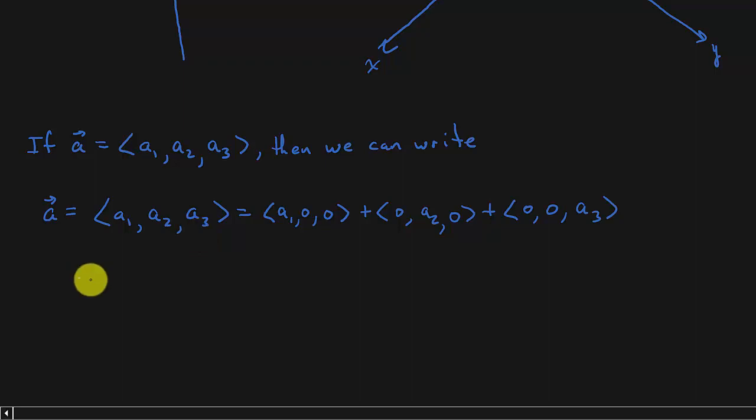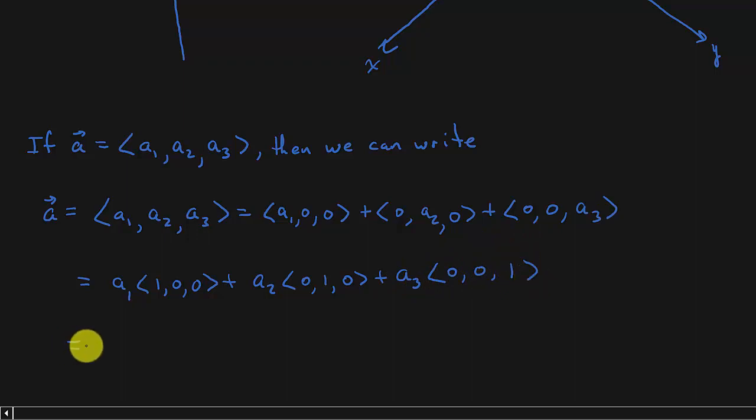So what I'm going to do now is pull out an A1 out of this first one. So that's going to be A1 times 1, 0, 0 plus, and then I'm going to pull an A2 out of here, A2 times 0, 1, 0, and then plus, and then I'm going to pull out an A3, 0, 0, 1.